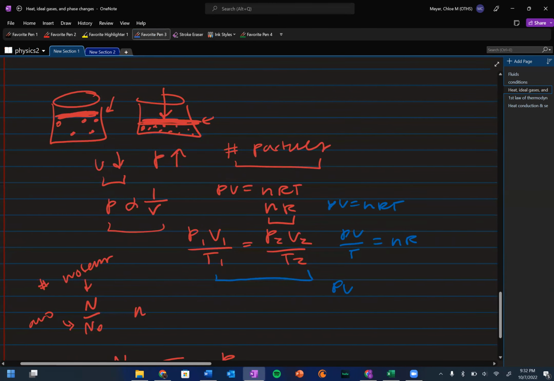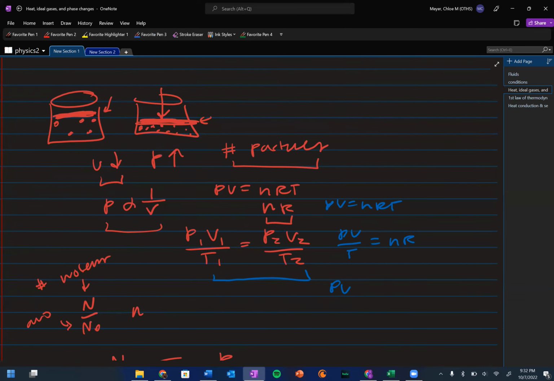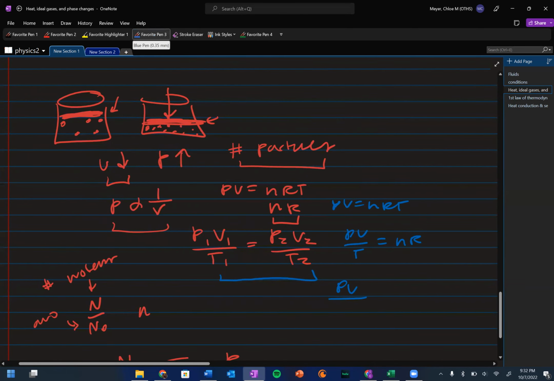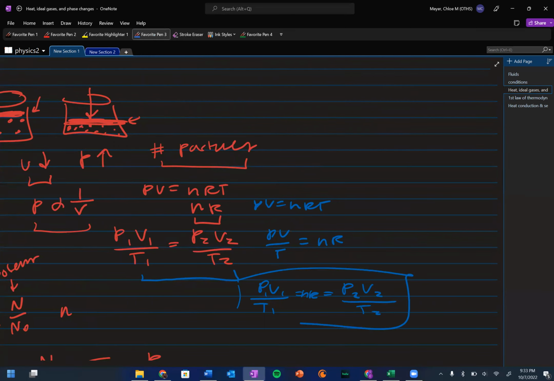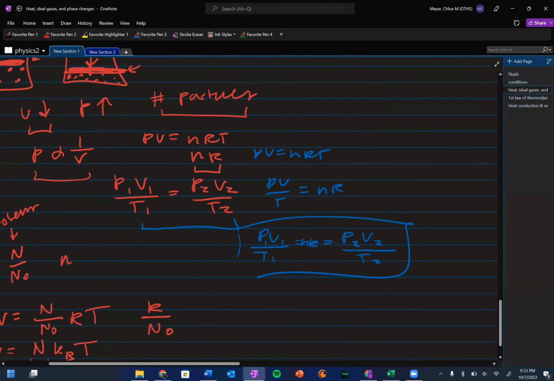It's similar to the equation of continuity with fluids, how you could set A1V1 to A2V2. Since it's the same, they have a constant that they share with each other. You can set all these the same whenever you don't know it. So if you take anything away from this video, this is what you want to remember, and you can always take this out.